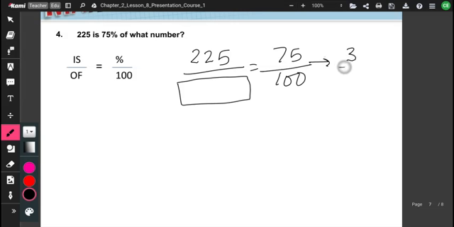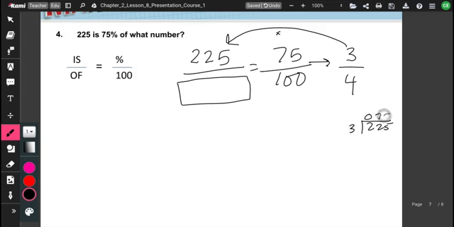So this is going to be 3 over 4. 3 times what is 225? I would have to figure out how many times 3 goes into 225, which is 75.